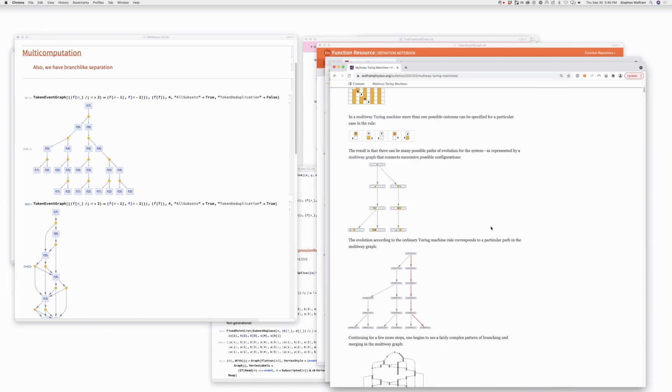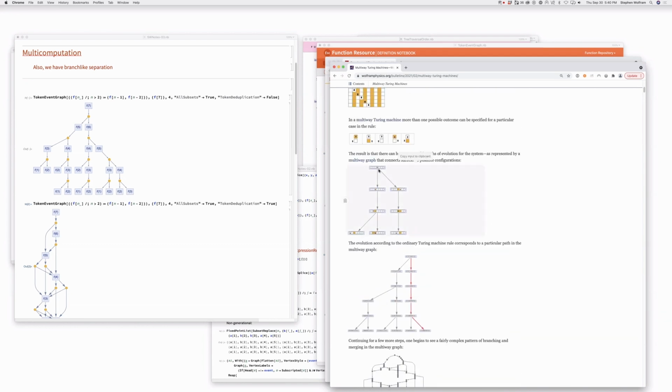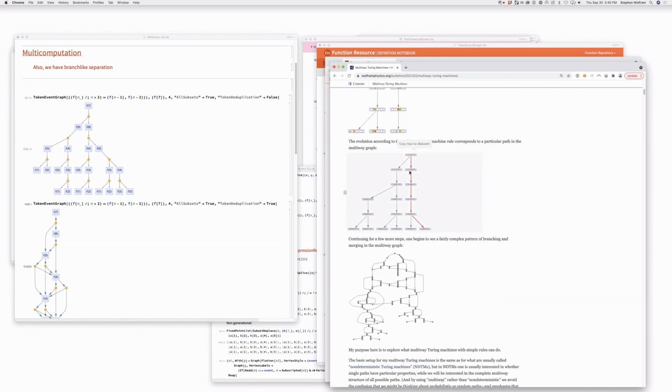So these are non-deterministic, multi-way Turing machines. These are Turing machines that can make more than one move at each step. Again, if we're doing a deterministic computation, we ask what the best state of the Turing machine is, and there's one path that gets that. We can also ask questions about the probability distribution of Turing machine things.